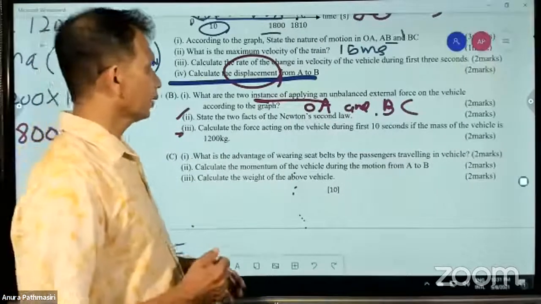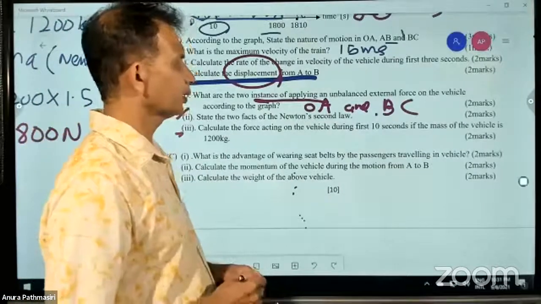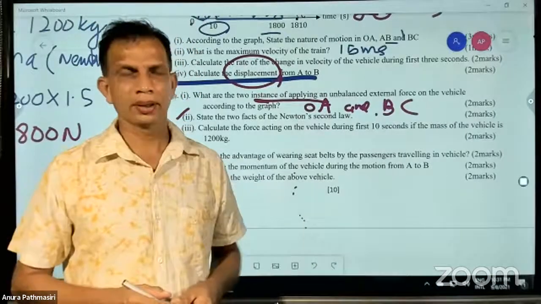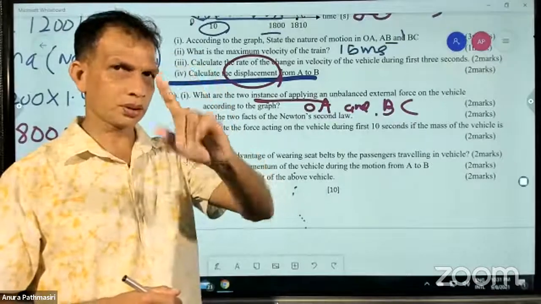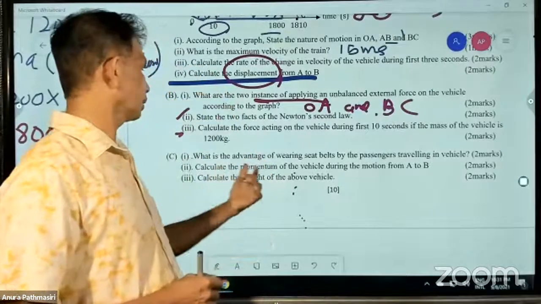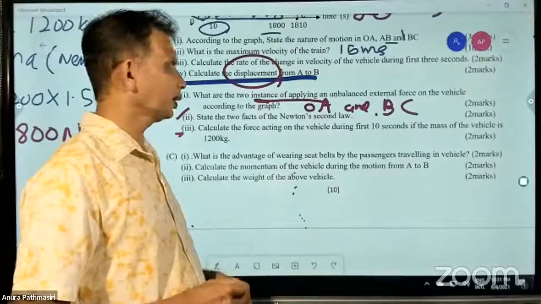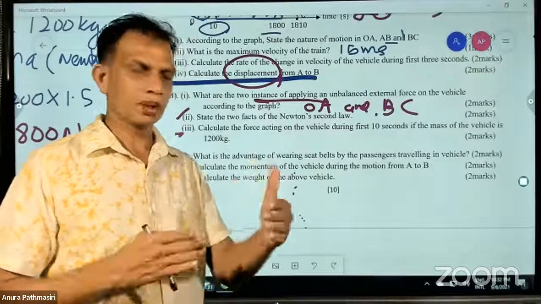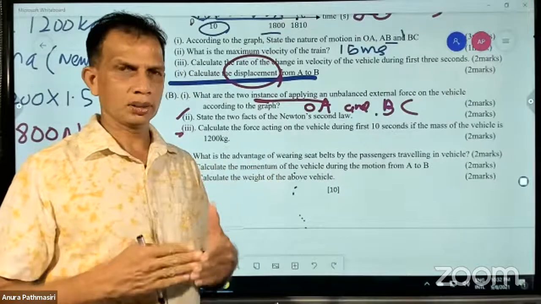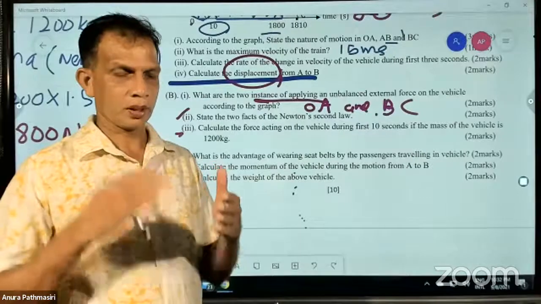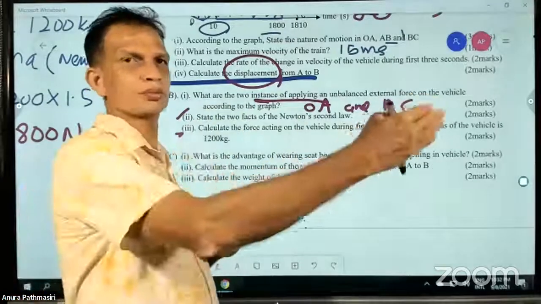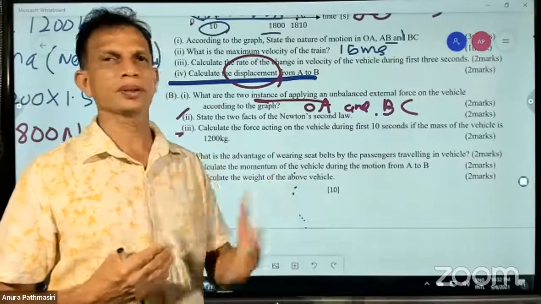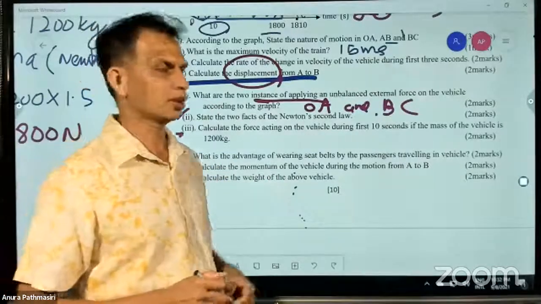What is the advantage of wearing seat belts by the passengers traveling in the vehicle? You can say just your idea, but you have to refer to Newton's first law of motion. You have to write according to Newton's first law of motion. When the vehicle stops, the passenger moves forward. In order to stop that motion, the seat belt is essential.